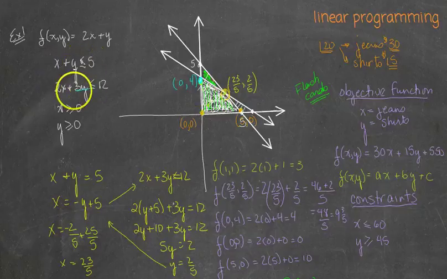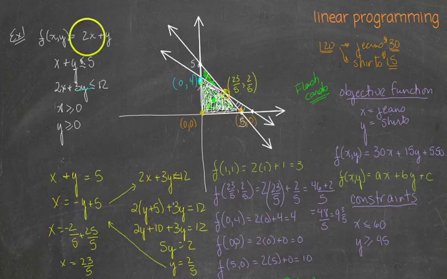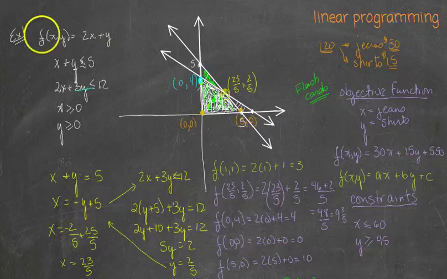And by solution, I mean all of these criteria are met when I choose this value. So if I choose any point in this region, plug it into my objective function, all of these constraints will be met. But I want to look at the absolute maximum value for this function and the absolute minimum.